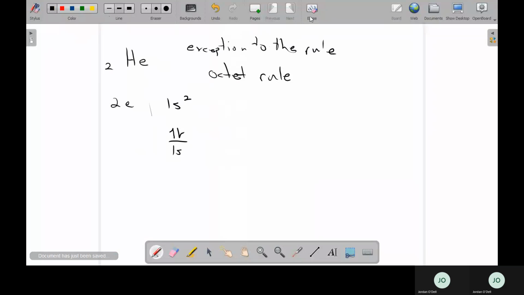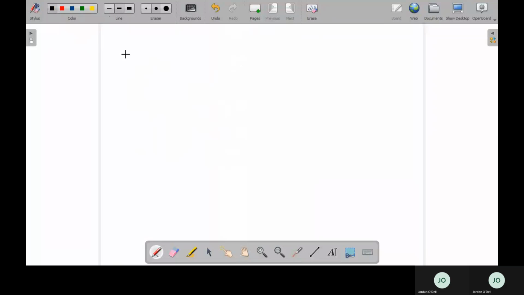Now, you might be saying, octet rule, we haven't talked about this before, which is true. So the octet rule basically says a valence shell is full when it has 8 electrons.